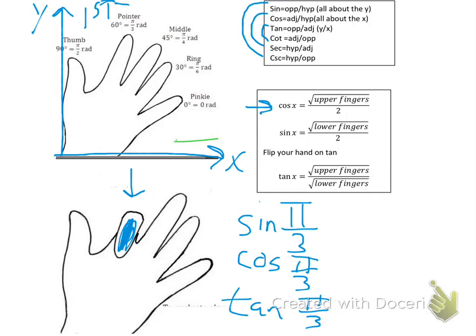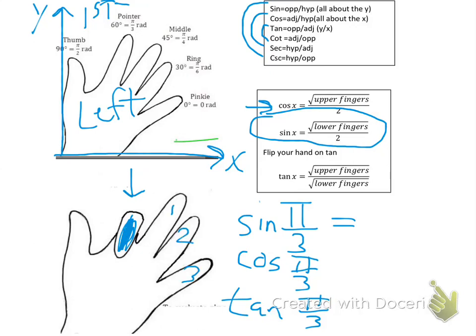If you look at this little chart here, sine is the square root of your lower fingers. So how many fingers will be below your bent finger on your left hand? This is your left hand, by the way; I think I failed to mention that. So below your bent finger you have 1, 2, 3 fingers. So this is simply the square root of 3 divided by 2.